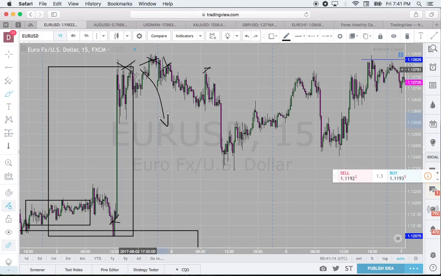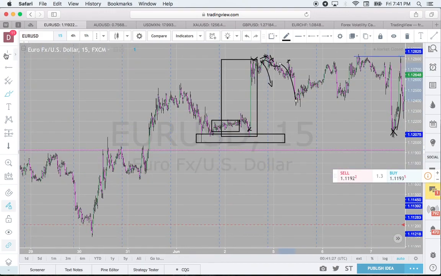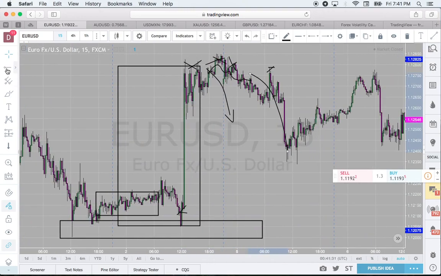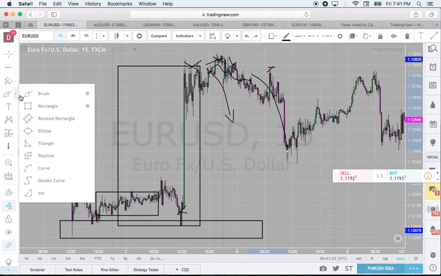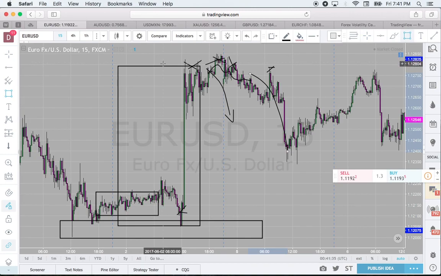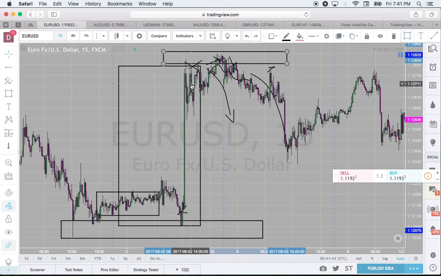The dealer did not retrace that day, but he ended the day in consolidation to gather more orders and then retrace. He still worked the high of that day. You can see right here. And the previous day was also worked.